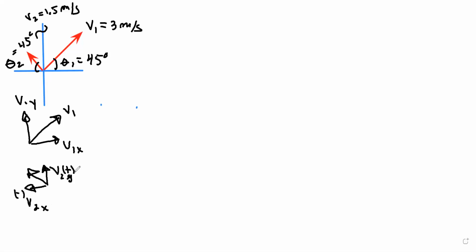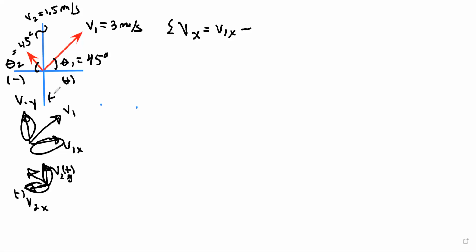So we got to break them down, and then we have to add this guy with this guy, and this one with this one. So we have to have the summation of the vectors in the x direction, which is going to be v1 in the x direction. It's going to be minus because he's going to go the other way. This is the negative side, this is the positive side.